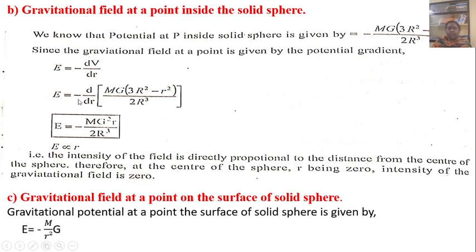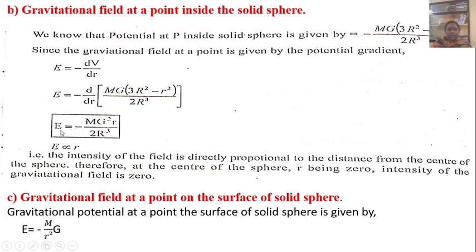So here also, therefore, after differentiation of this bracket, E equal to minus MG into r upon R cube. So from this relation, M is constant, G is also constant here and capital R is also constant.